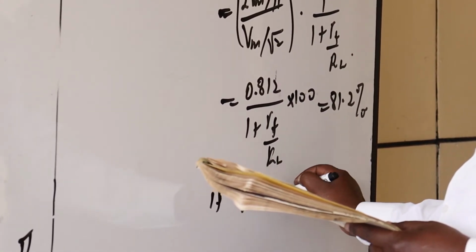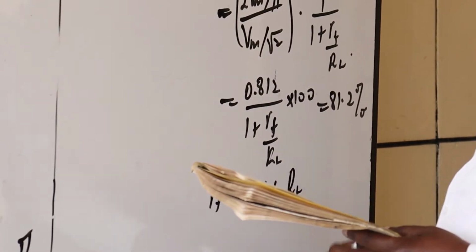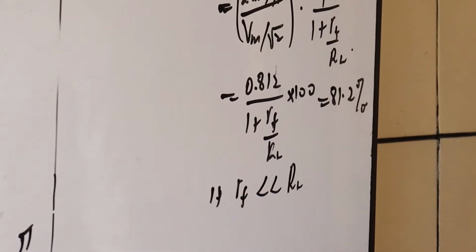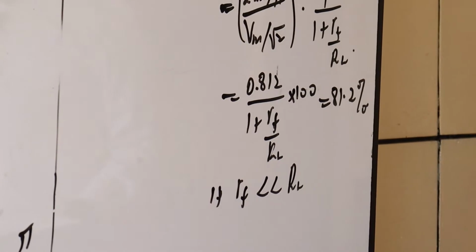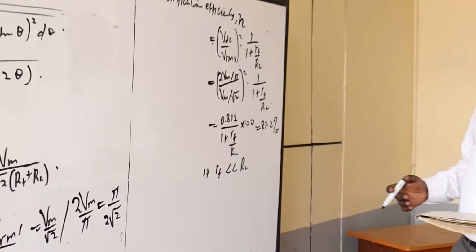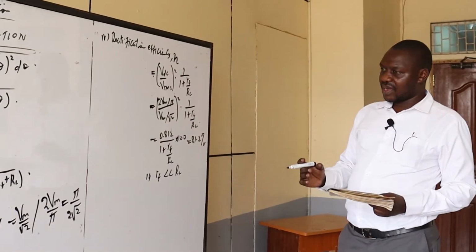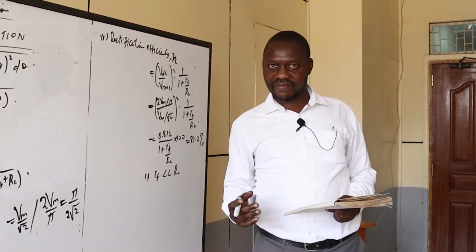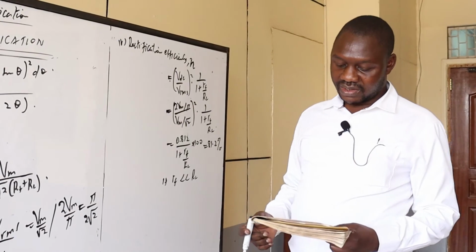That is if RF is very much smaller compared to RL. So you can see the efficiency for this particular circuit, meaning the more phases we have, the more the efficiency improves.